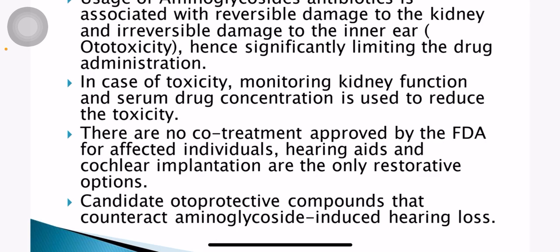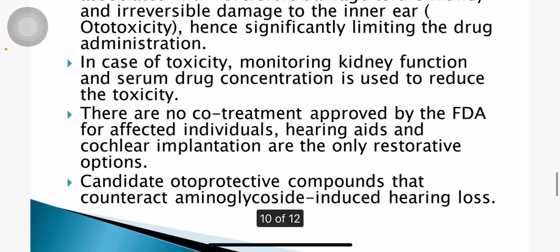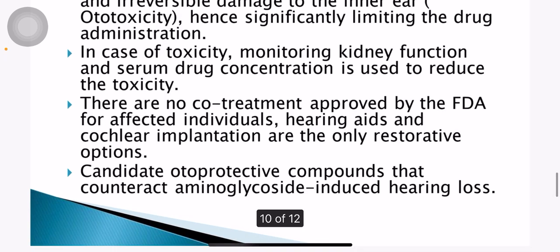Up to date, there is no co-treatment approved by the FDA, the Food and Drug Administration, for affected individuals suffering from renal toxicity or ototoxicity. In case of ototoxicity, hearing aids and cochlear implantation are the only restorative options available.